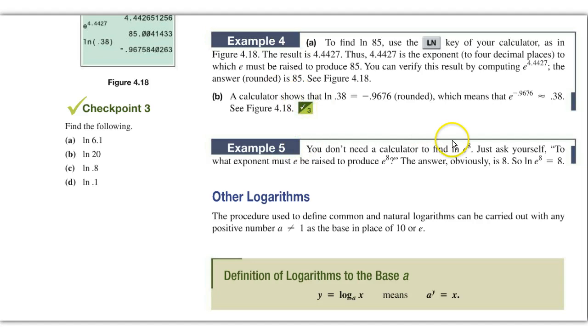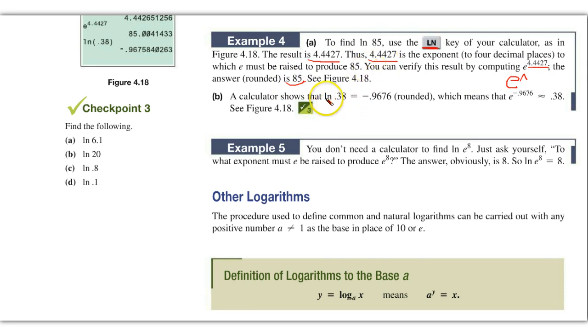So in example 4, we're going to use our natural log key on our calculator and find the natural log of 85. Well, we put LN, 85, close the parenthesis, enter, and you should get this. And if you take this and take e and then caret, put this exponent in and hit enter, it should give you, rounded, 85.